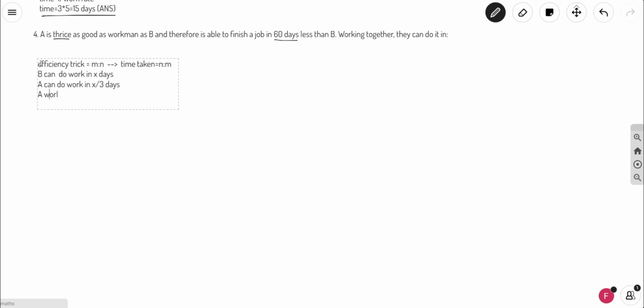A will do the job in 60 days less than B. So if B can do the work in X days, A can do the work in X by 3 days, because he is thrice as efficient. So A's time is X by 3 days.